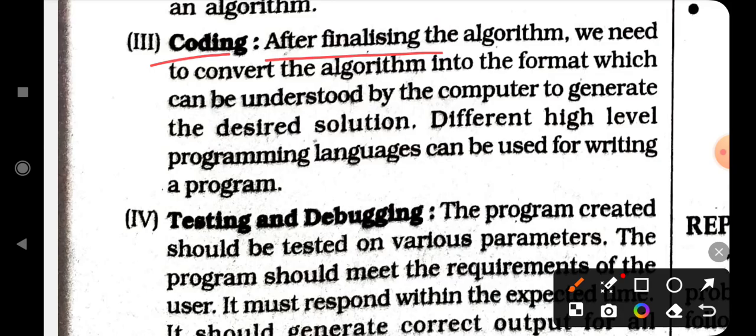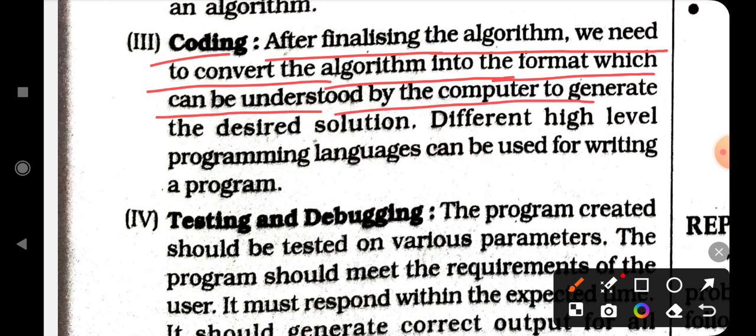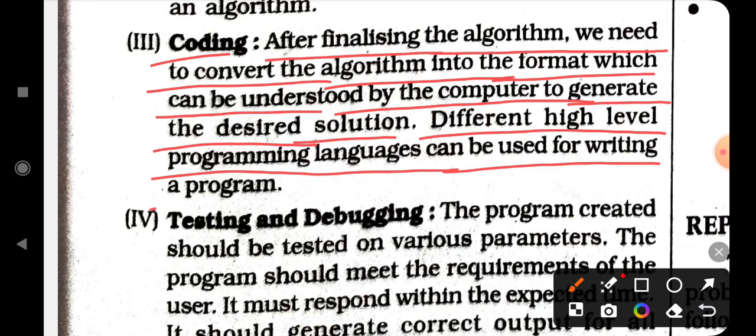After finalizing the algorithm, we need to convert the algorithm into a format which can be understood by the computer to generate the desired solution. Different high-level programming languages can be used for writing a program.